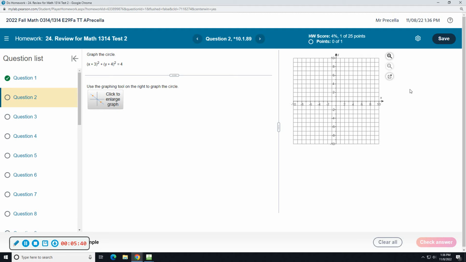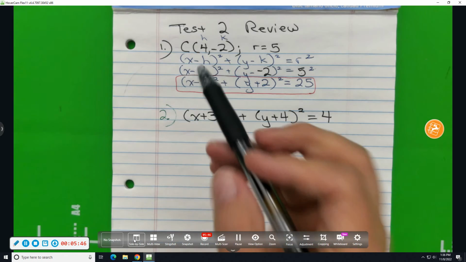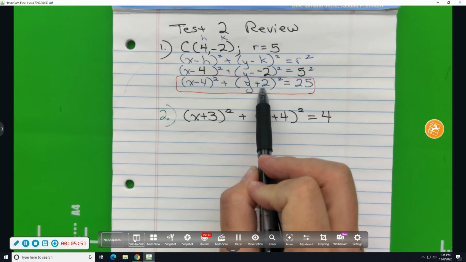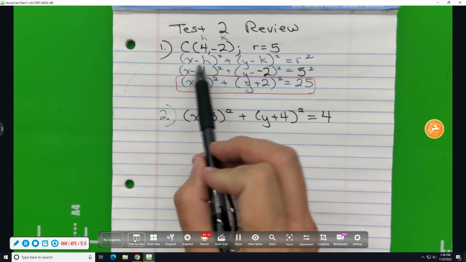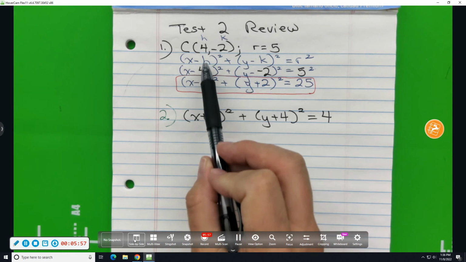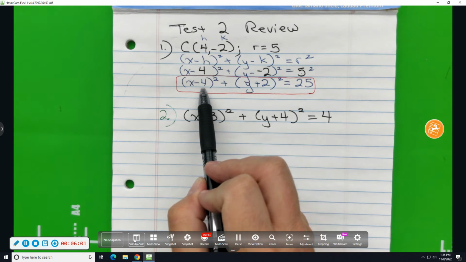Notice something. When we're looking here, what you see inside the parentheses is exactly the opposite of the center. Remember, center radius form already has those minuses in there. So you had a center of 4, but what you see in the parentheses is a minus 4.